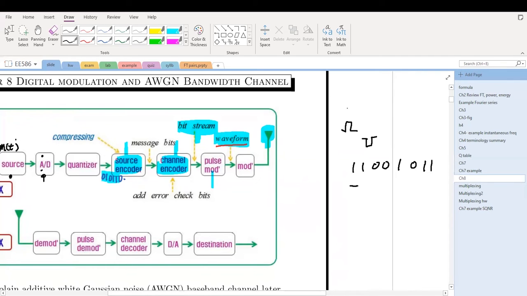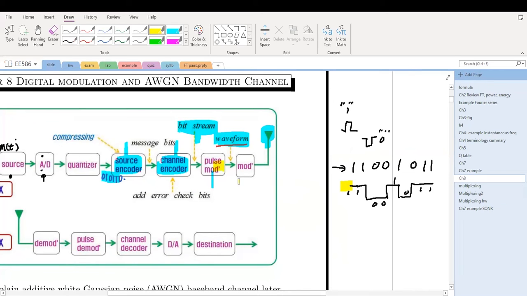So this is digital 1, this is digital 0. So this is pulse modulation. We map the digital bits into pulses.